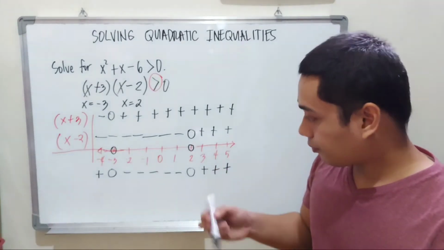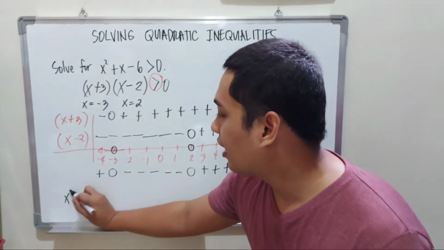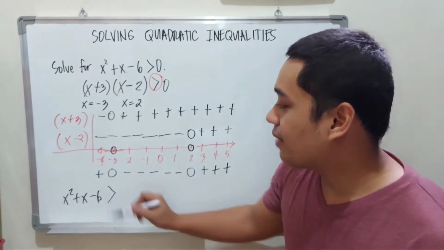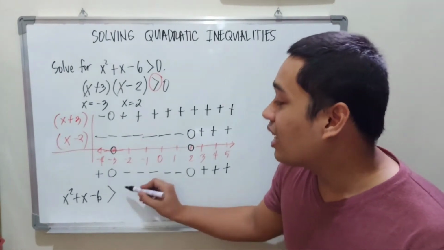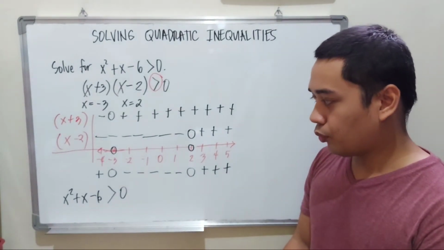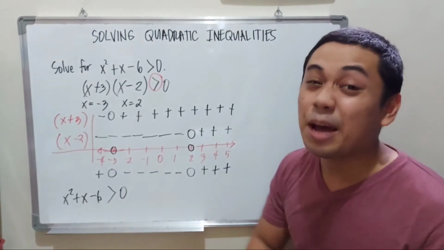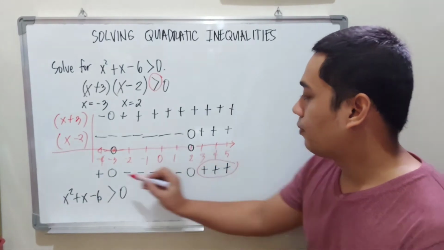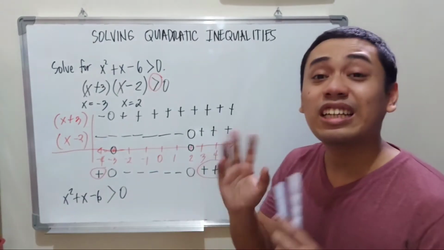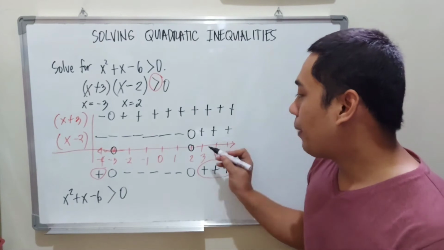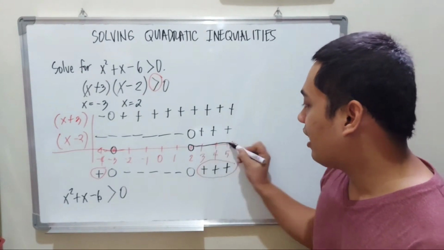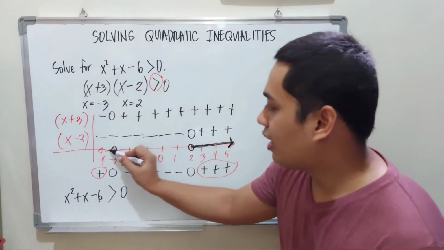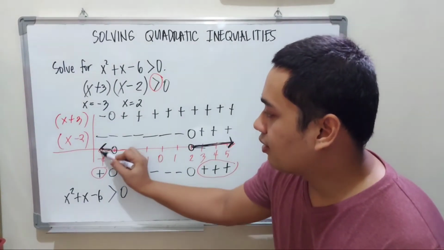So if we know that x squared plus x minus 6, ang hinahanap nating solution ay must be greater than 0, ang solution set natin dapat lahat ng may plus. Ito. So, pag nag-create tayo ng number line, dapat ang mai-include sa solution natin ay lahat ng nag-plus.